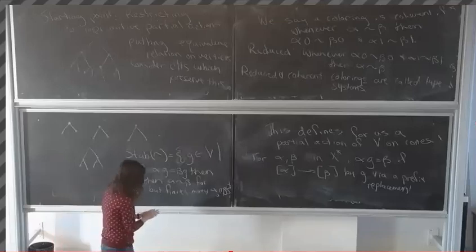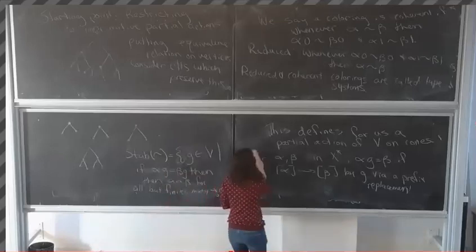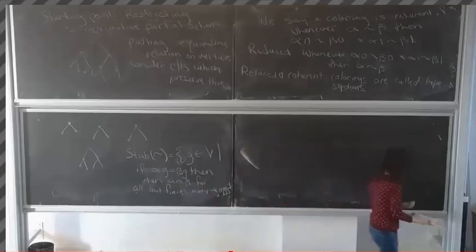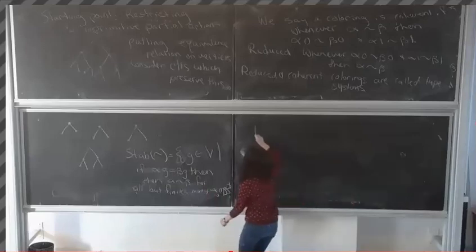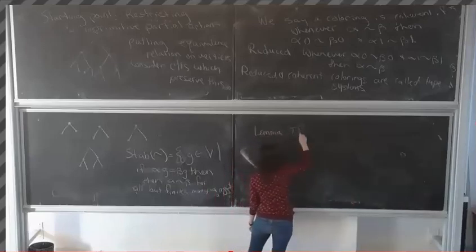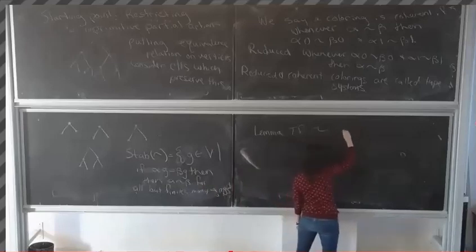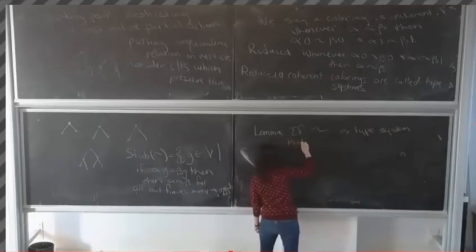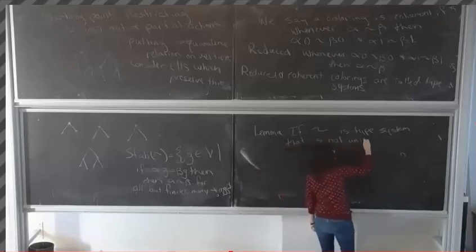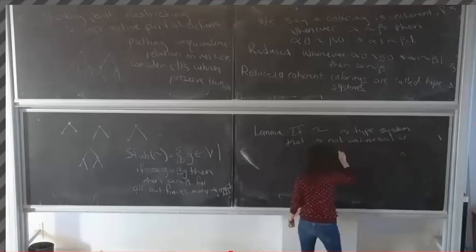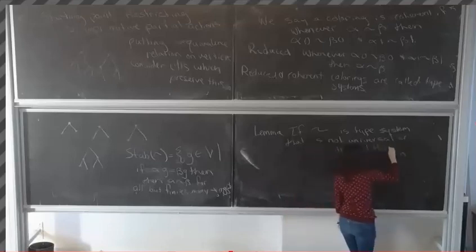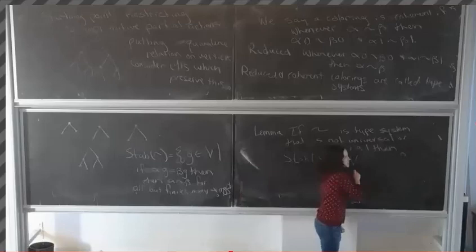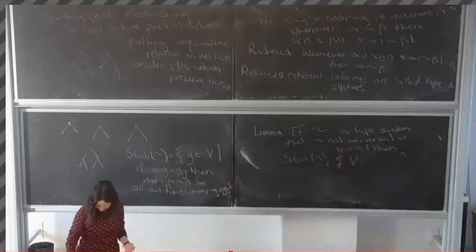Okay. So whenever we have some proper type system, so lemma: if an equivalence relation is a type system that's not universal or trivial, then maybe not too surprisingly, the stabilizer of this equivalence relation is a proper subgroup of B. Right, there are elements of B that will not be in the stabilizer.